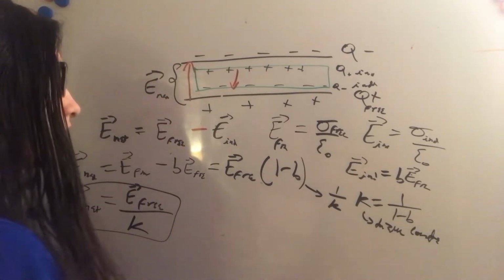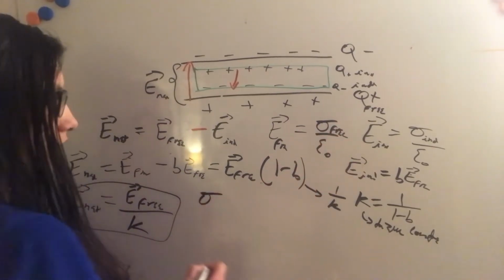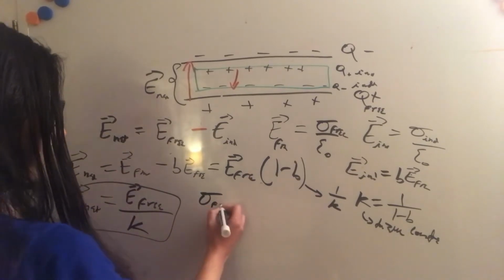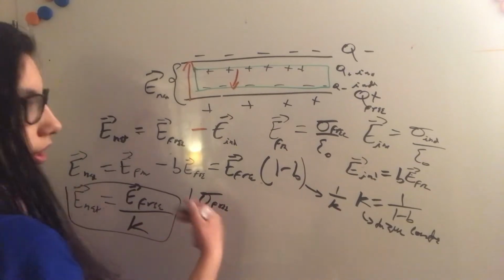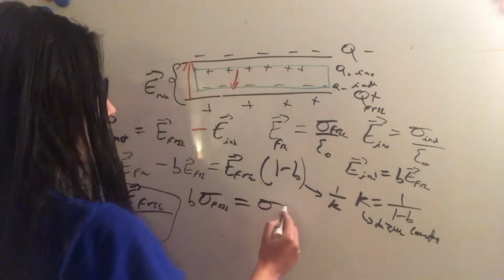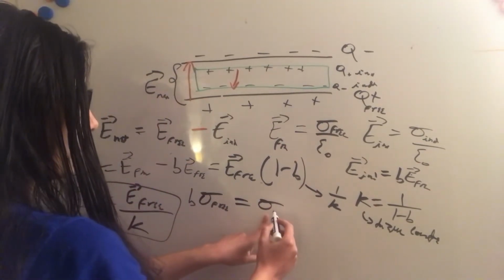In the same way, if we multiply the free charge density times the same constant B, we get the induced surface charge density.